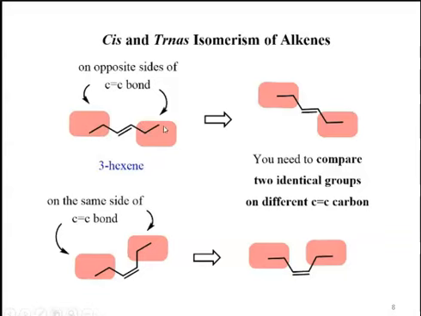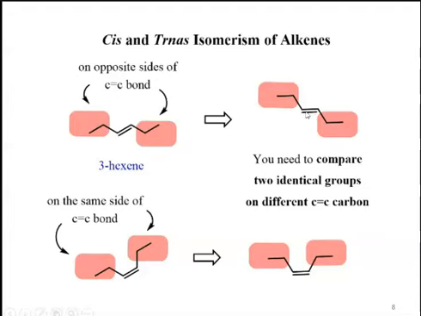See the orientation of the two ethyl groups about this carbon-carbon double bond. Here we can see both the ethyl groups lie on opposite sides. To make it simpler, we can imagine this structure as somewhat like this. Here is the double bond.